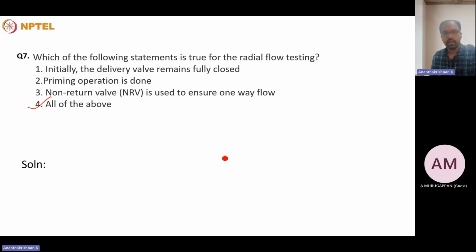In the case of the radial flow testing, all the three steps are followed.